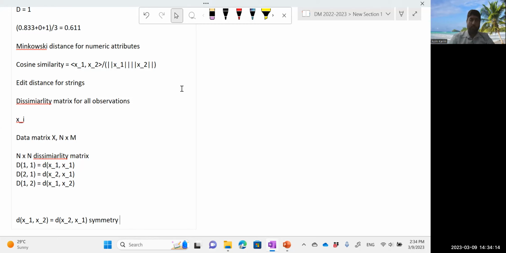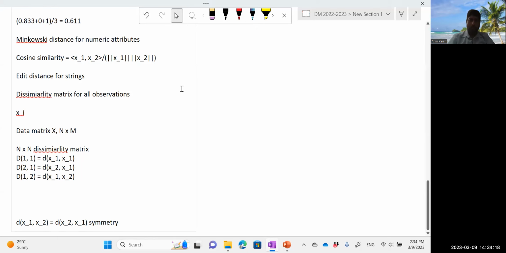If it is a metric, then obviously this dissimilarity matrix would be symmetric also.